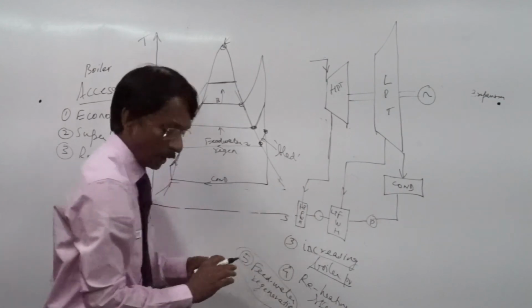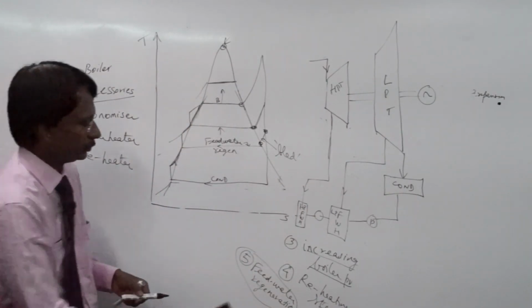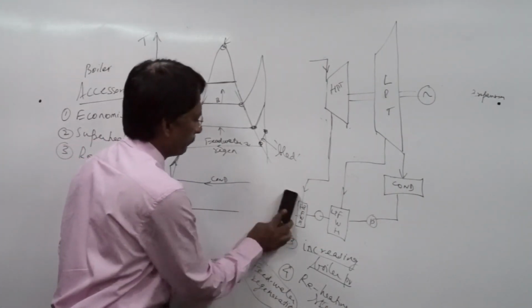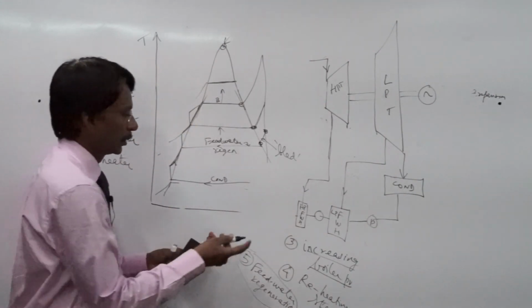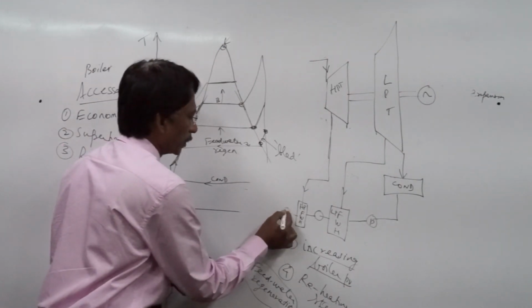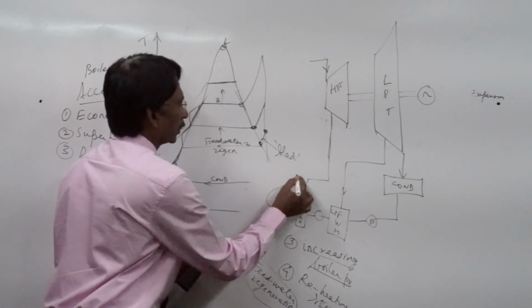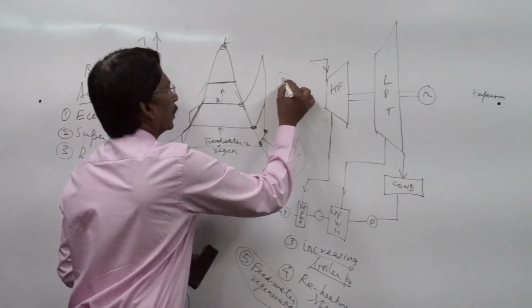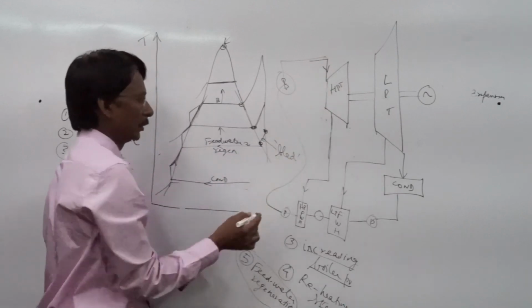Mixing happens and then it is pumped back to the boiler. It goes to the boiler and from the boiler it goes to the turbine.